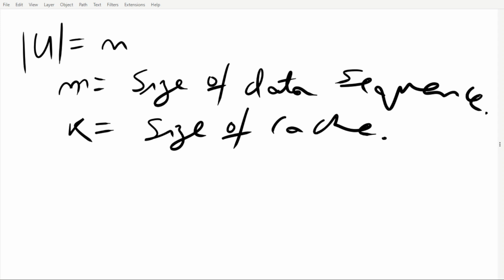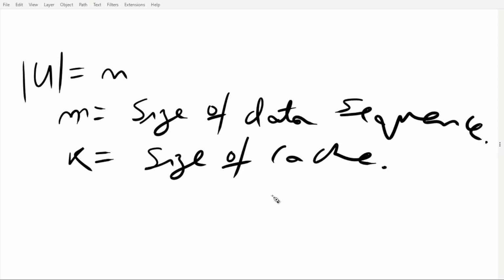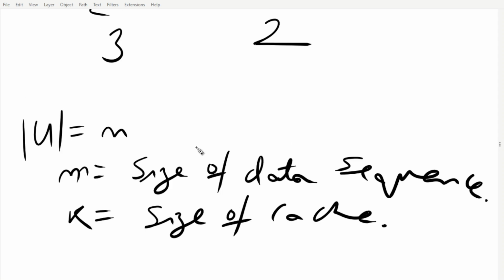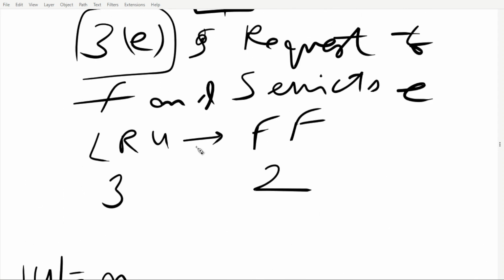Now we have to find the time complexity of this algorithm, and this is a very simple algorithm, and we make use of efficient data structures. So once again I will explain this with the same FF algorithm, how to implement this efficiently using efficient data structures.